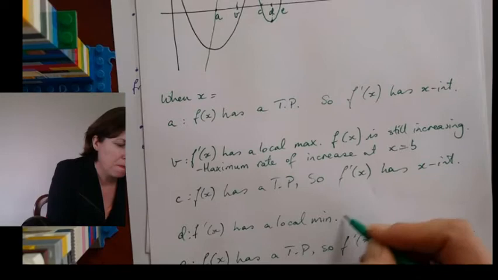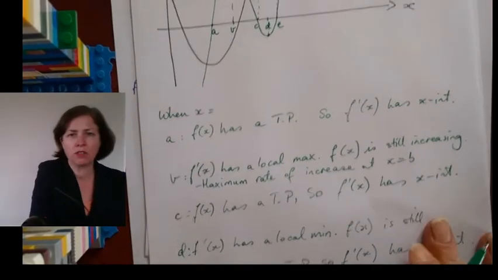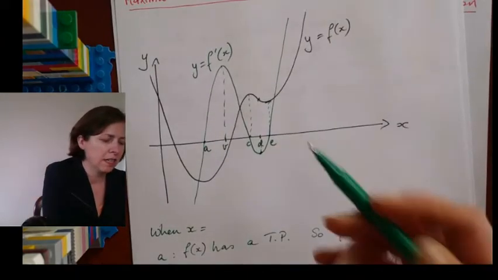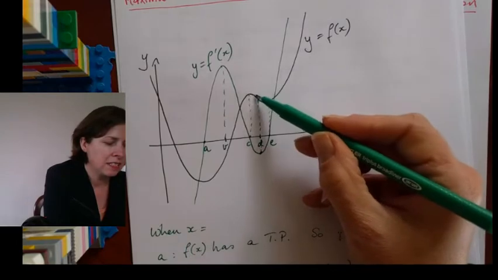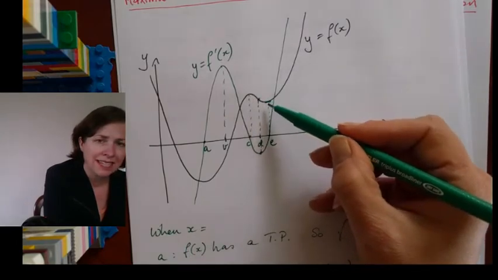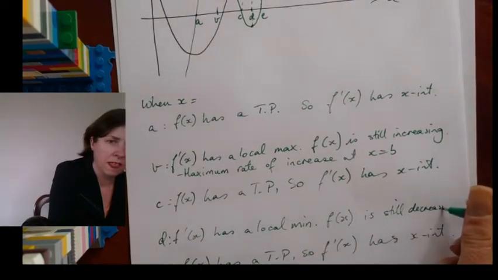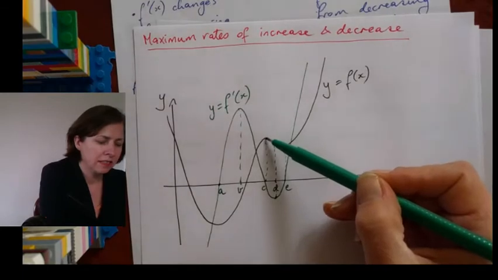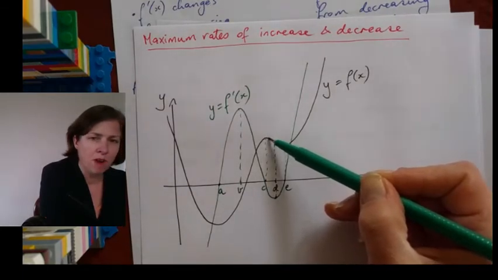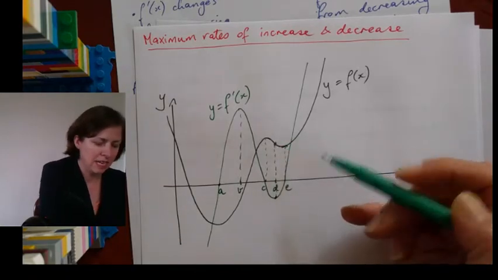At this point, f of x itself is still, now is it increasing or decreasing? Let's look at it. At this point where x is D, f of x is still decreasing, right? It still has a negative gradient. But it's decreasing less rapidly here. It's decreasing at its steepest on this point, and then it becomes less steep here.